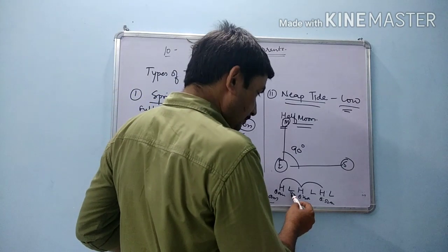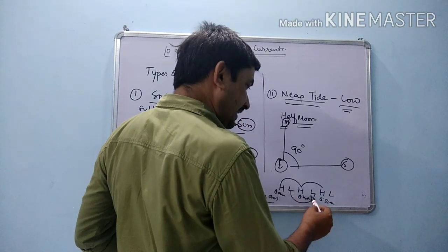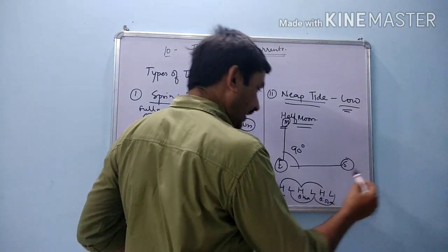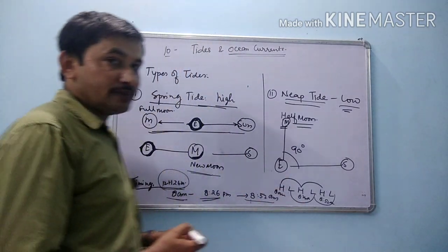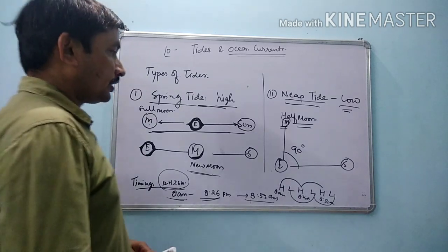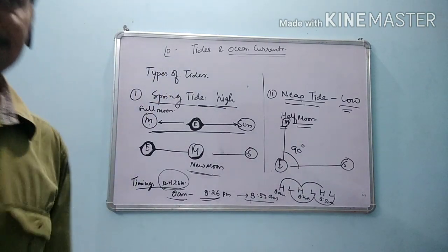The low tide is seen similarly: if a low tide starts at 8 a.m., the next will be at 8:26, and again the next at 8:52 a.m. This is the difference between tides.